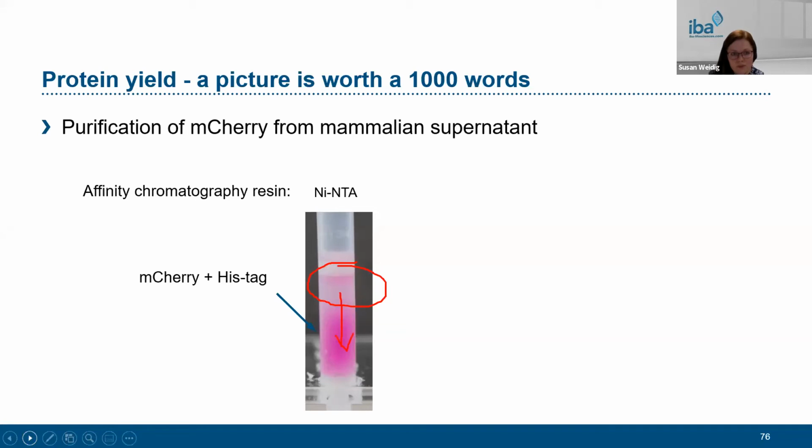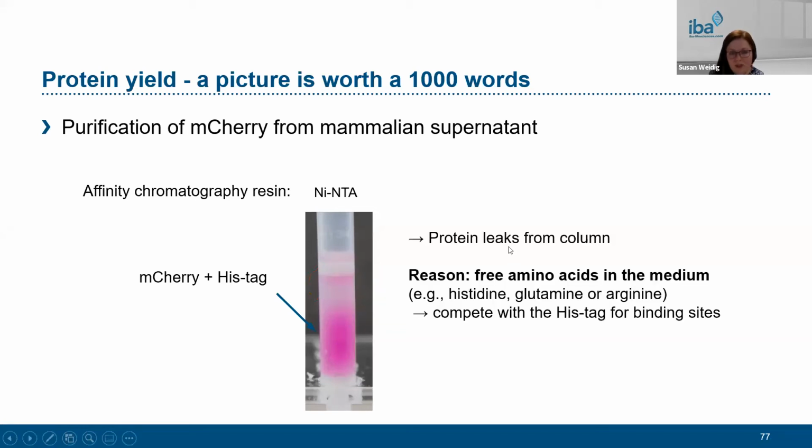And the reason for this is that mammalian media or media for insect cells often contain histidine or glutamine or arginine, which compete with the His tag for binding sites. So the resin is charged with nickel ions, and these nickel ions bind the free amino acids and not the His-tagged protein.